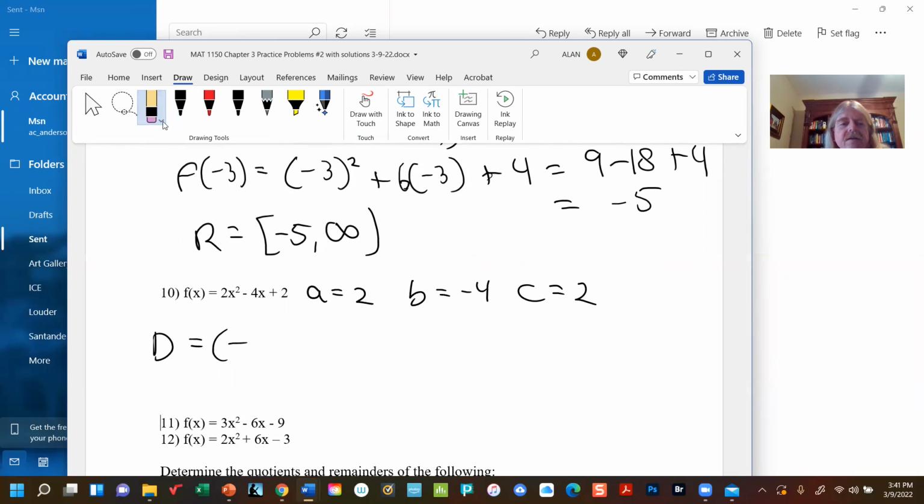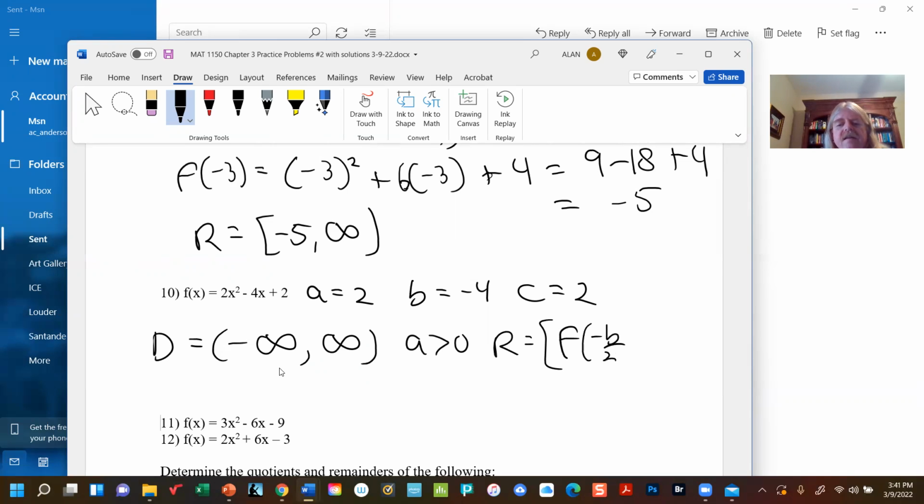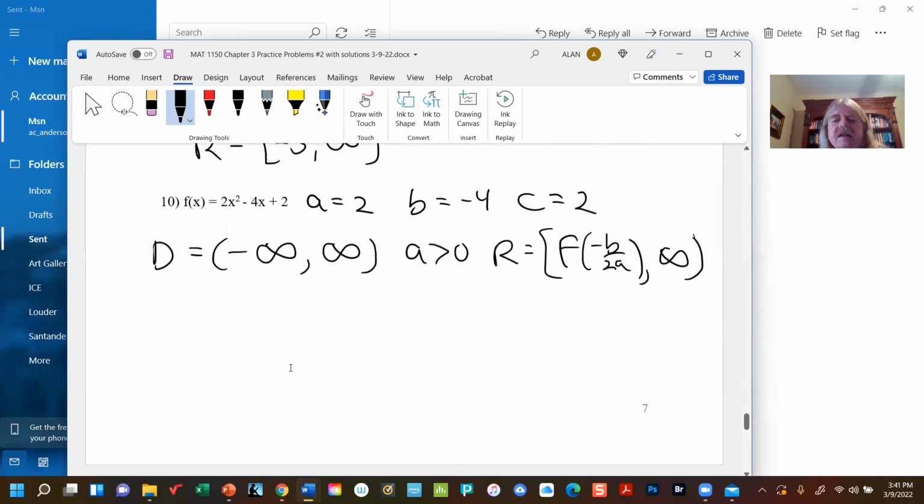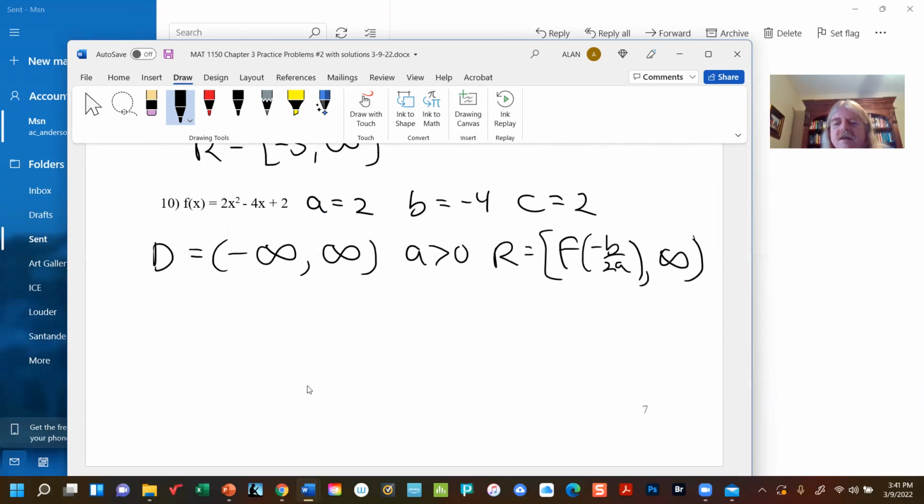That's not going to change. Because a is positive, that means that the range, same thing, f of -b/2a, comma, infinity, because we're looking at a parabola that faces up.